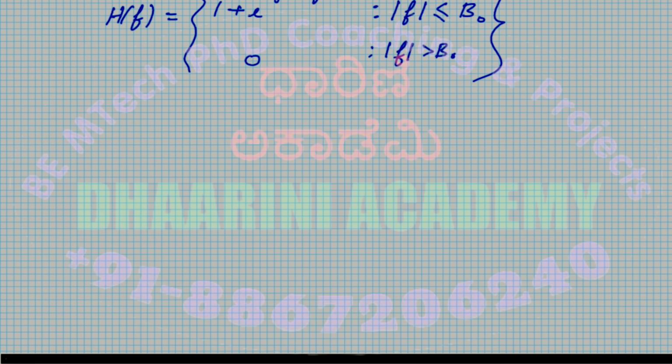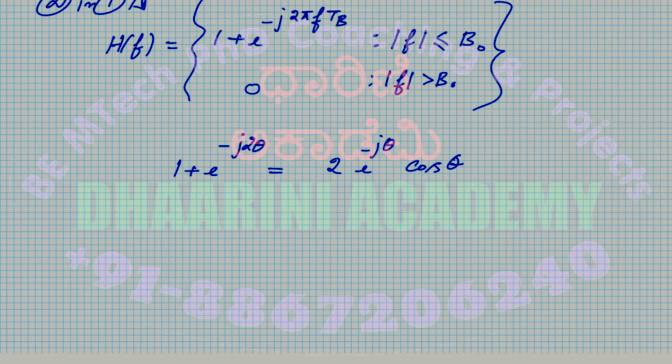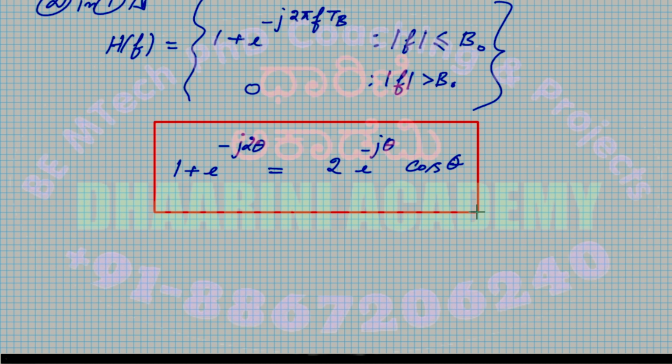We have one standard identity taken from trigonometry. If you have 1 plus e to the power minus j 2 theta, it can be replaced by 2 times e to the power minus j theta into cos theta. This is a very standard identity.